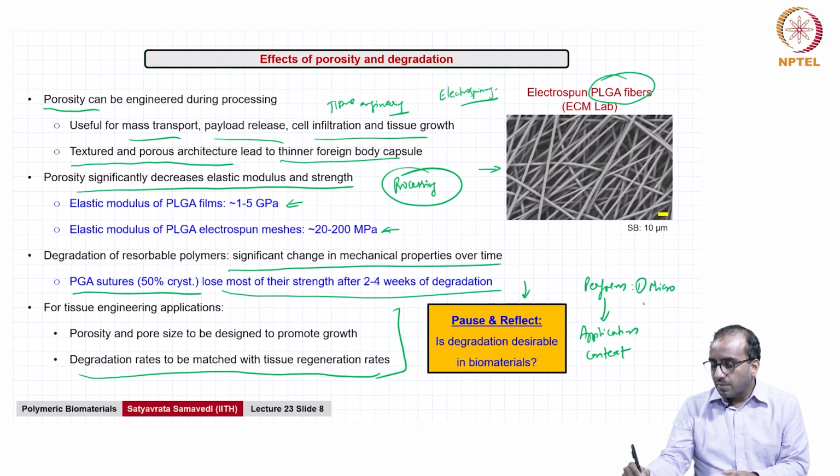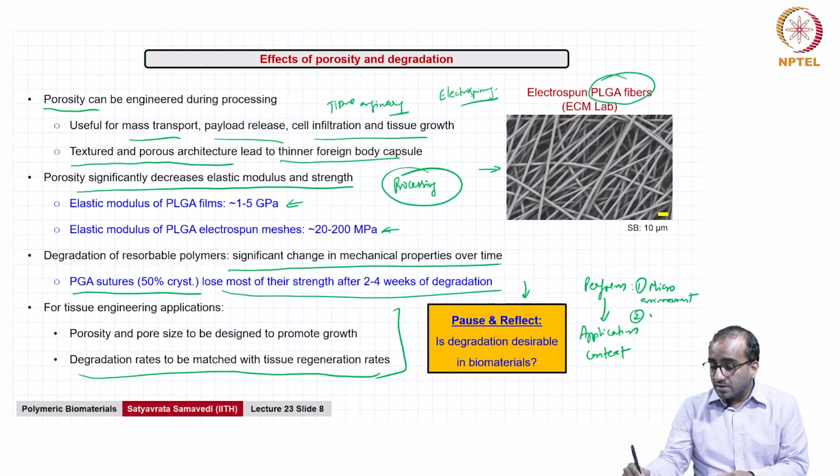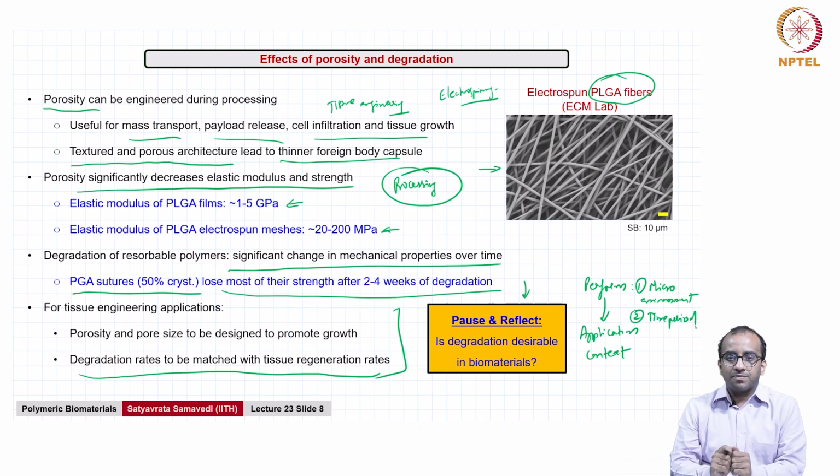One is the microenvironment where it is deployed, second is the time period or the duration for which that performance is required. So, that is the effect of porosity and degradation. We will revisit this idea when we look at degradation later.